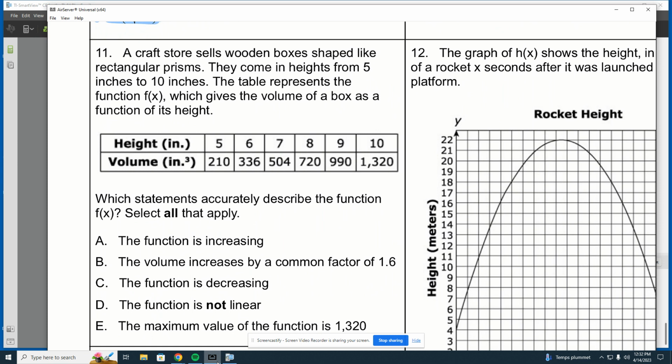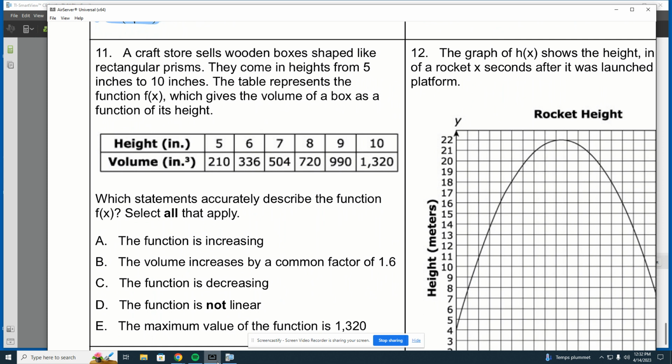Or is that the whole function? That's the entire function. Because they only come in heights of what? 5 to 10. And there they all are. 5, 6, 7, 8, 9, 10. That's the whole function. So we're seeing the entire picture. Okay? Now that's really only helpful for one of those, but here's how we do it. 1. Is the function increasing?